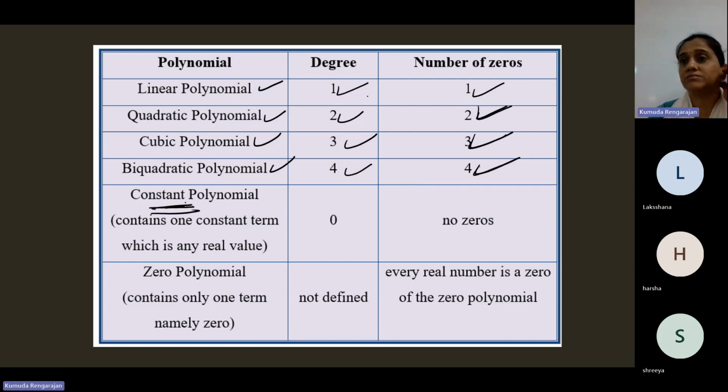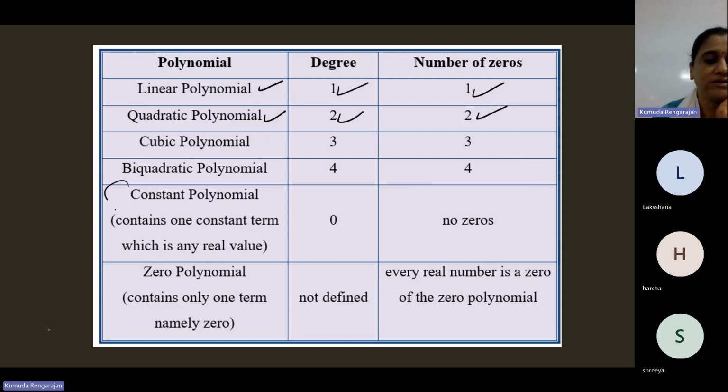Constant polynomial. So what's a constant polynomial? You'll have to listen to these two carefully. What we understood is we'll have to consider the collection of real numbers, and from that collection, take away 0.